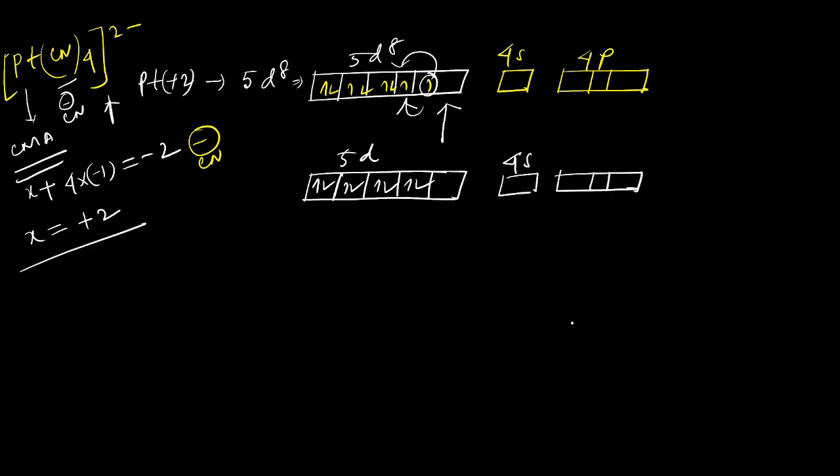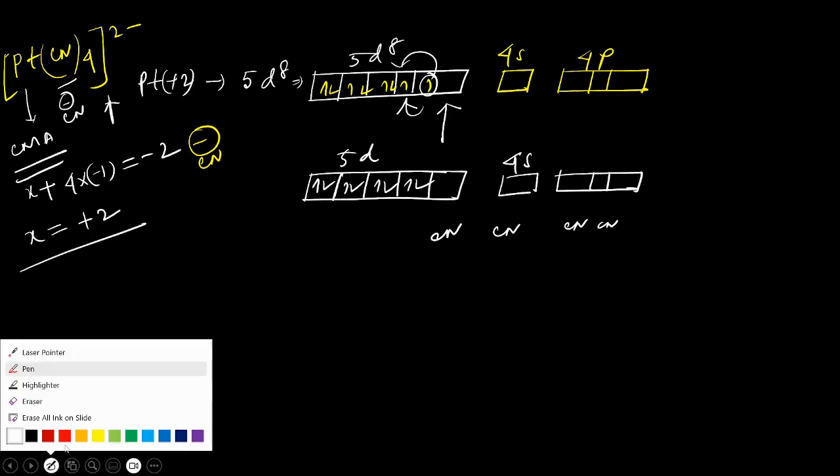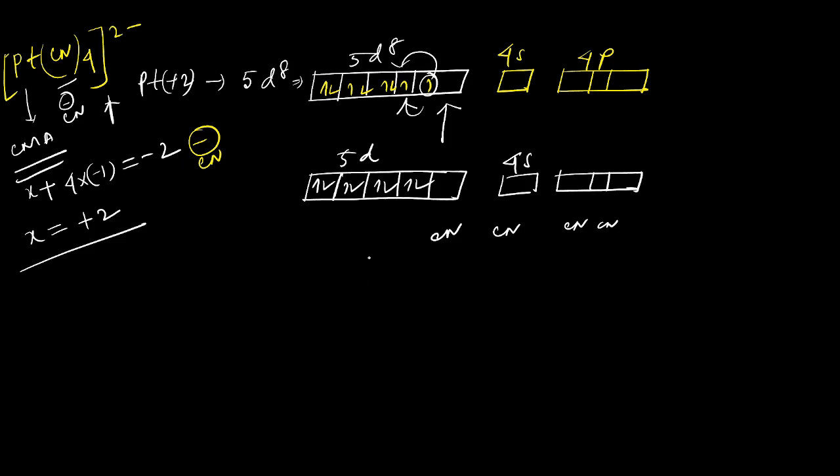Already the 4s and 4p orbitals are vacant. So of the incoming CN-, you can see there are 4 incoming CN-, and one of them donates its electron to the 5d orbital. One donates its electron to the 4s orbital.